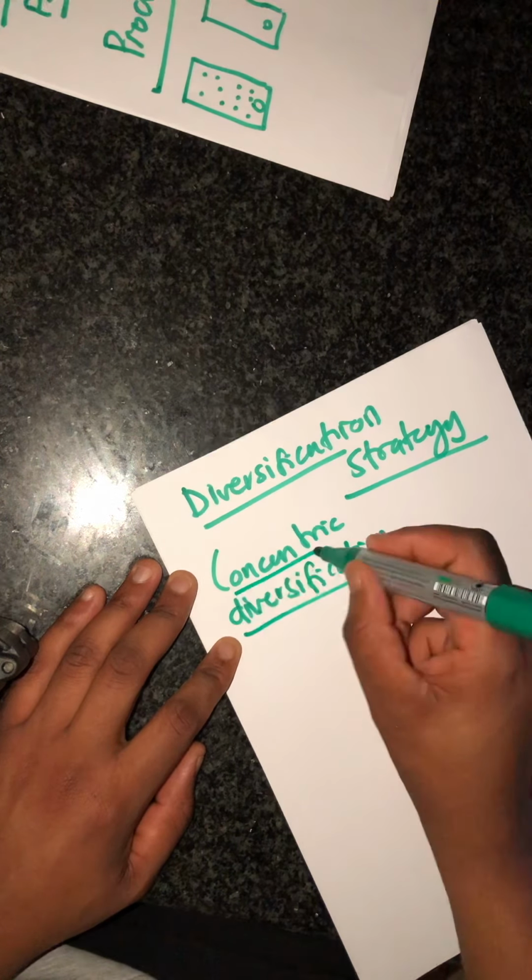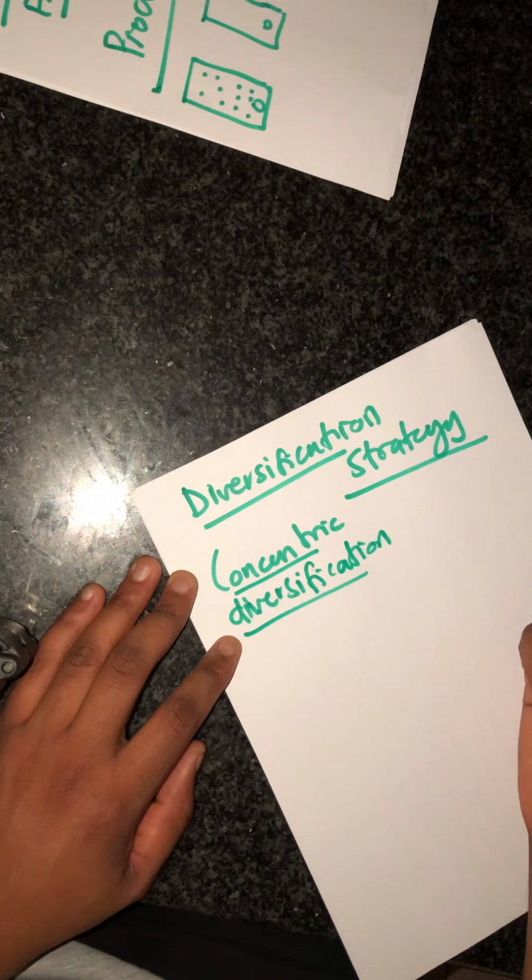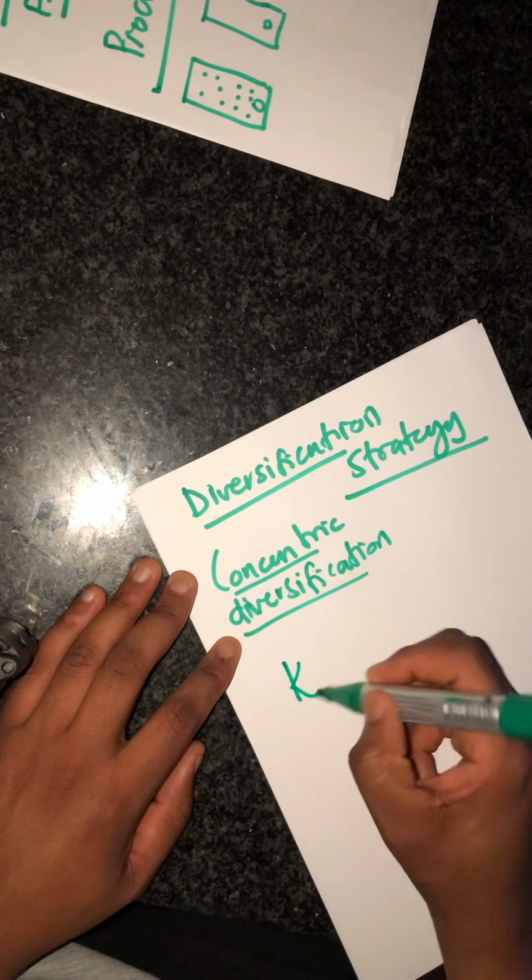With concentric diversification, the business adds new products or services that are related to the existing product and which will appeal to new customers. Take KFC.